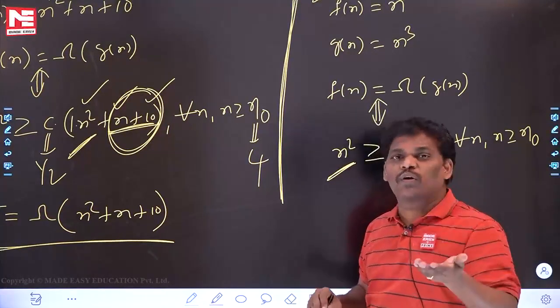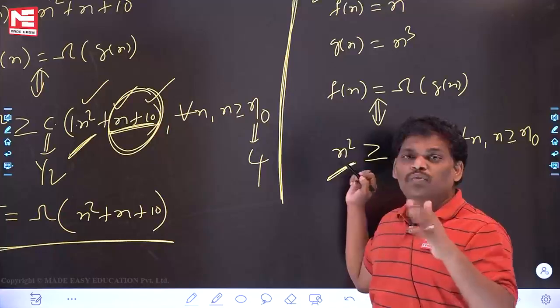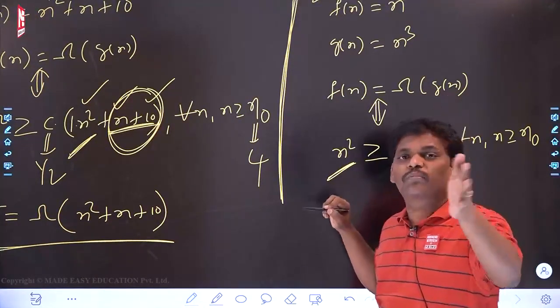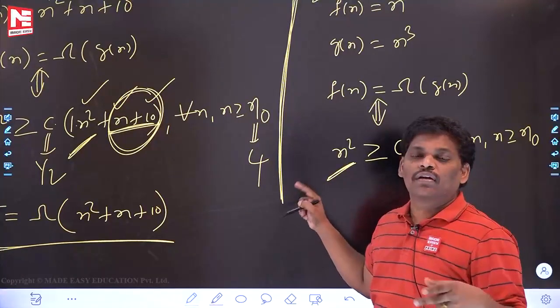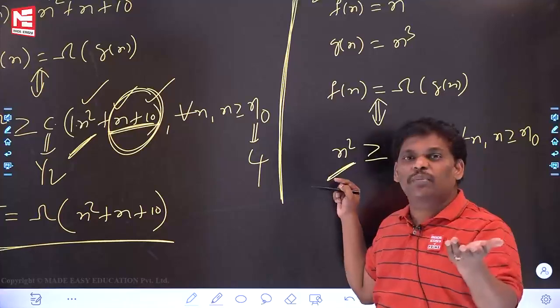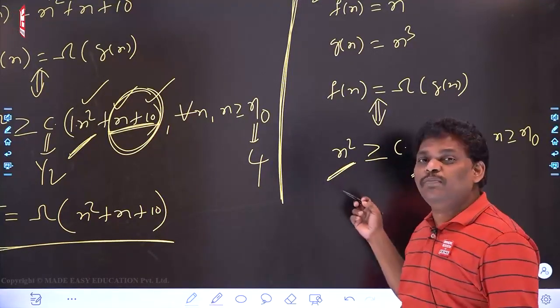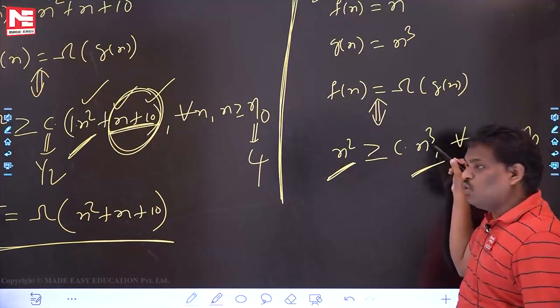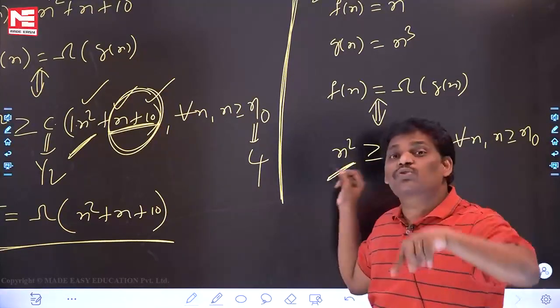But what is our goal now? I want to prove right is smaller, which is nothing but I want to prove left is bigger. Left is n square, right is n cube. I want to make left bigger. But actually who is bigger? Right is bigger. What is the meaning of n cube? N into n square.